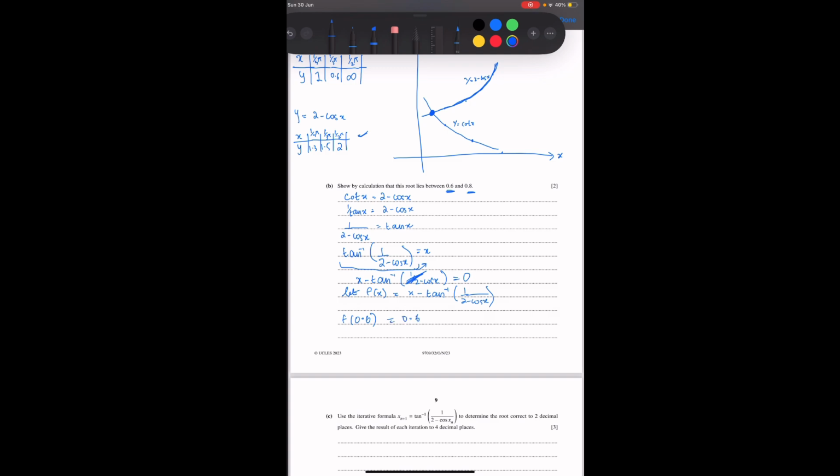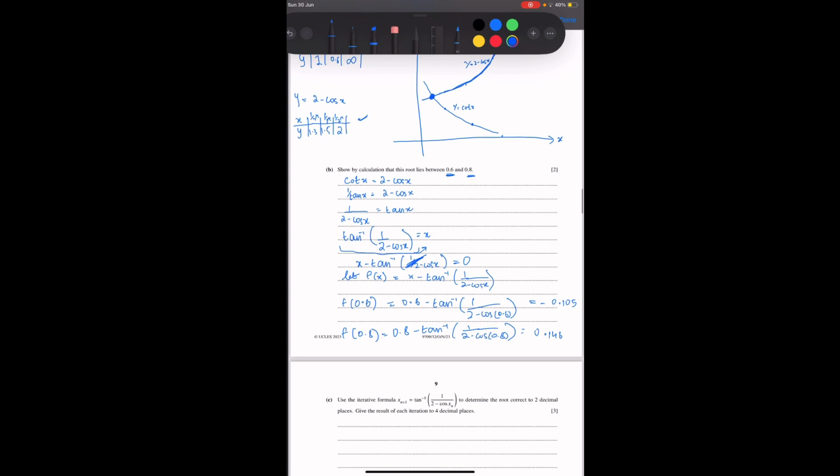So f of 0.6 is 0.6 minus tan inverse of 1 upon 2 minus cos of 0.6. While calculating, make sure that your calculator is in radian mode. The answer is minus 0.105. And then f of 0.8 is 0.8 minus tan inverse of 1 upon 2 minus cos 0.8, and this is 0.146.